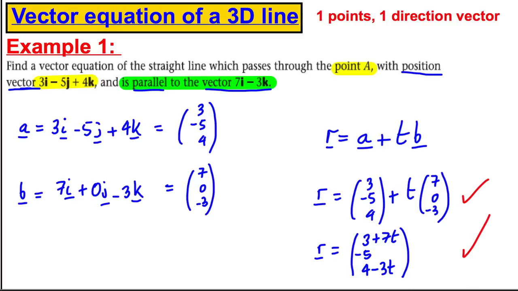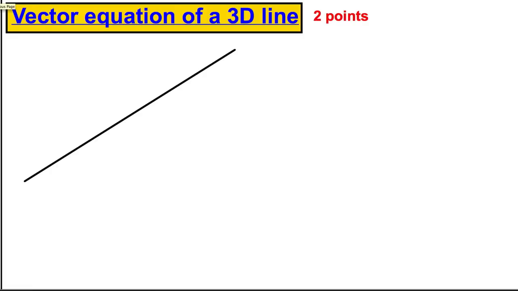Okay, another vector equation of a line is very, very similar. Suppose we have a vector equation of a line, and again, we are trying to describe a point R on the line, and that has a position vector x, y, z. We're trying to get to that point. This time, previously we knew a point on the line and the direction of the line. Suppose we don't know the direction of the line.